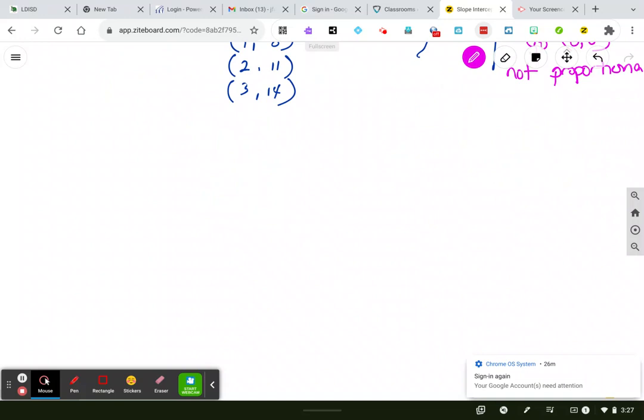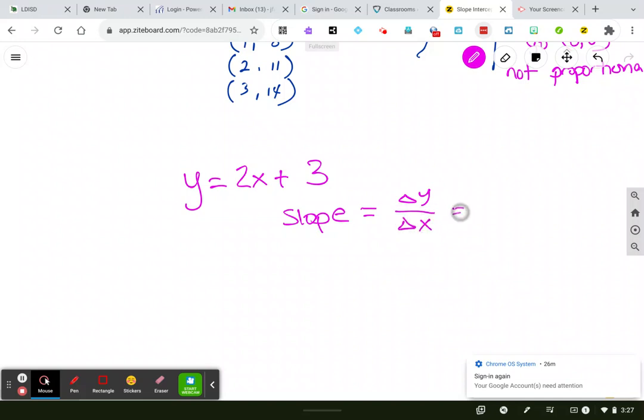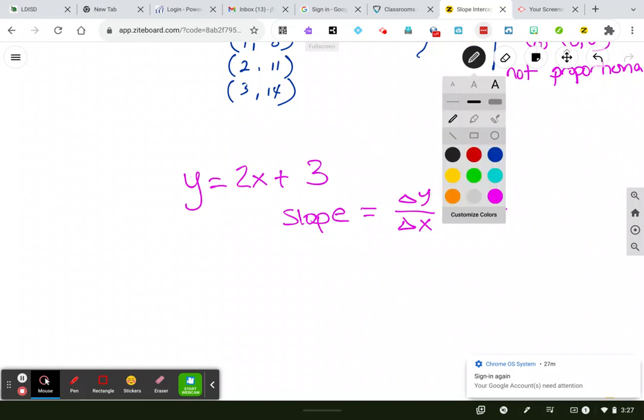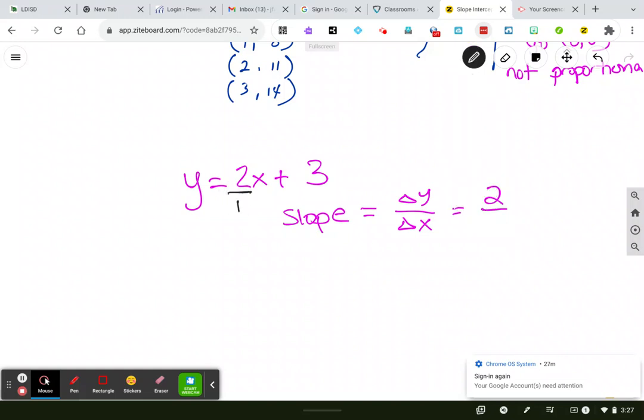If I gave you this equation right here, the slope is 2 over 1 because you take your change in y over your change in x, and that's 2, and you don't know what this x is because they've already simplified it for you. So your slope is 2.